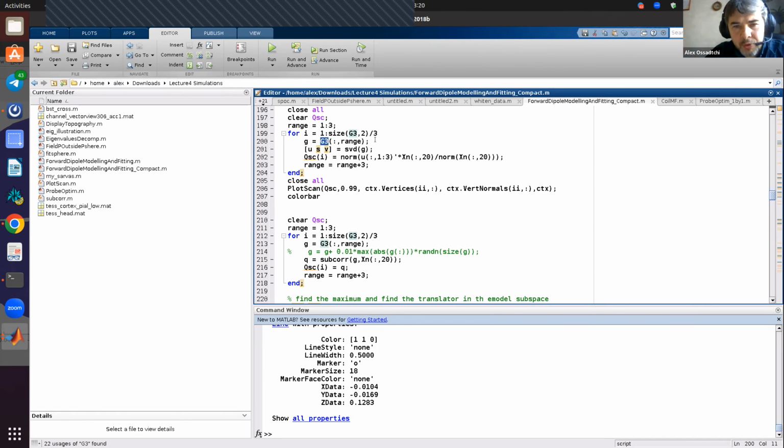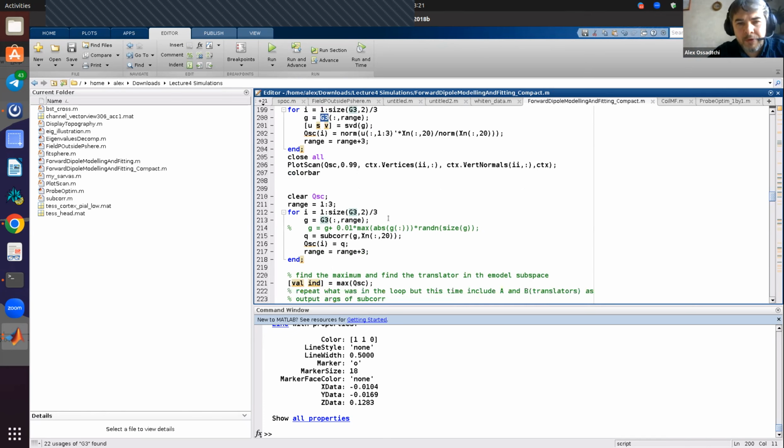Then we computed the scan and did what I just showed you. This is essentially equivalent to computing the subspace correlation between the vector G at each location and the data vector. The data vector is a single time slice, chosen based on the peak, because I know that there is a single dipole, and I'm just fitting it this way.